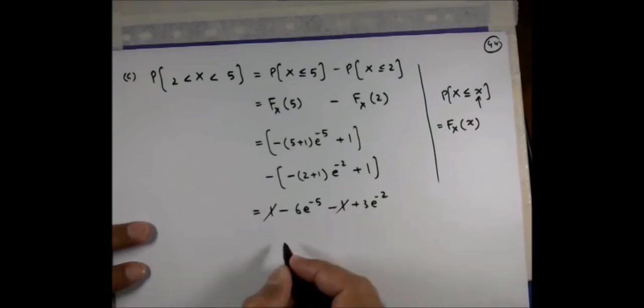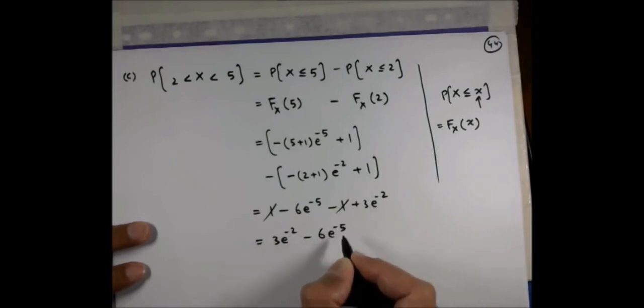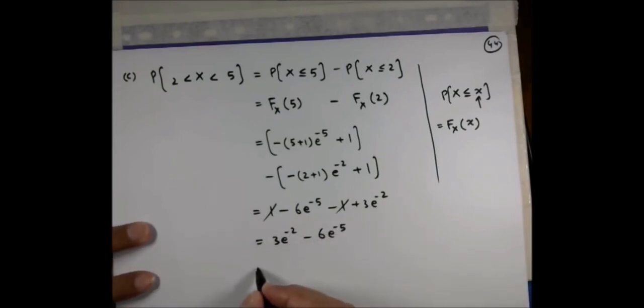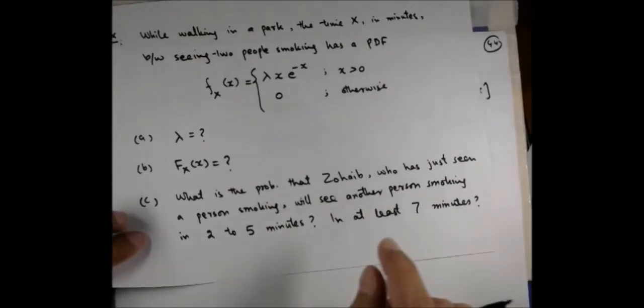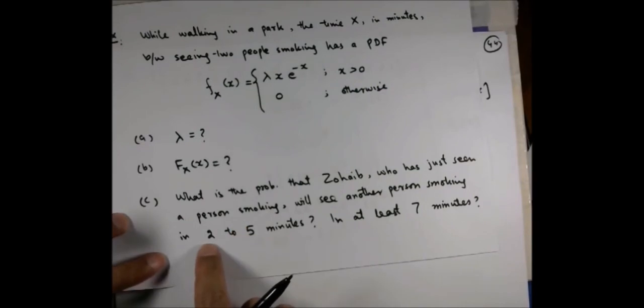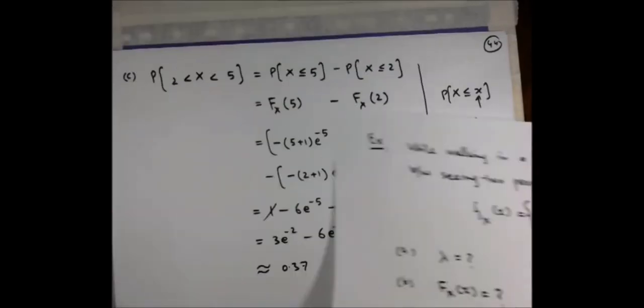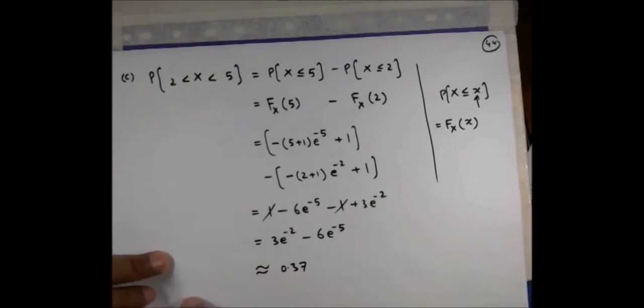So this vanishes and the rest is 3 e raised to power minus 2 minus 6 e raised to power minus 5, which is almost equal to 0.37. So the probability that Mr. Zohaib, who has just seen a person smoking, will see another person smoking in 2 to 5 minutes, with probability 0.37, he will find next person smoking.